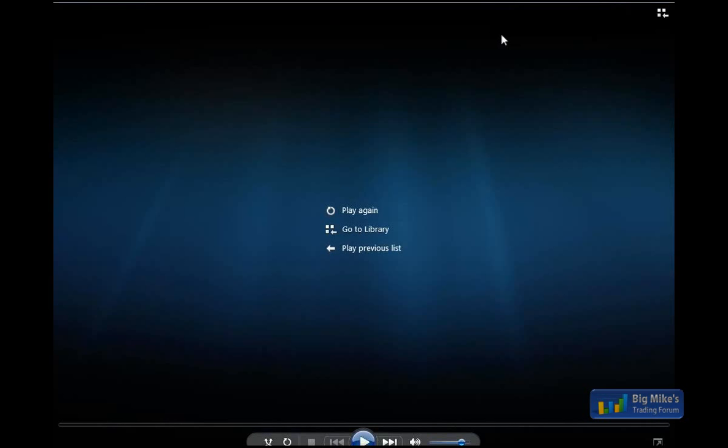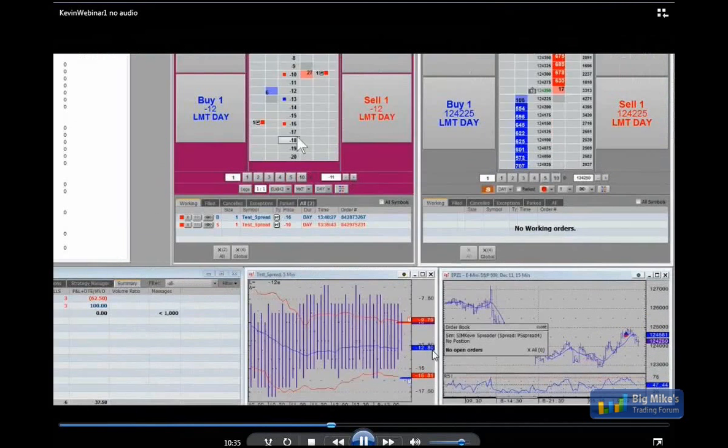We do have a backtesting suite that's built within CQG. The spread bar that we see that I've constructed in the video, as we see here, the spread bar is constructed based on time and sales of those two outright legs. So it's very, very intense information.